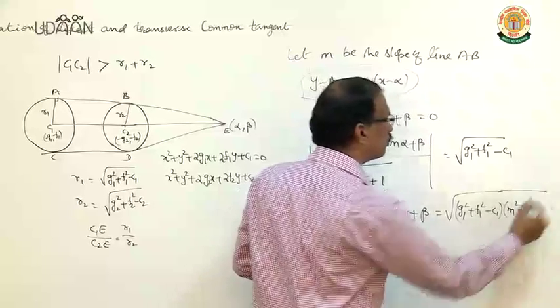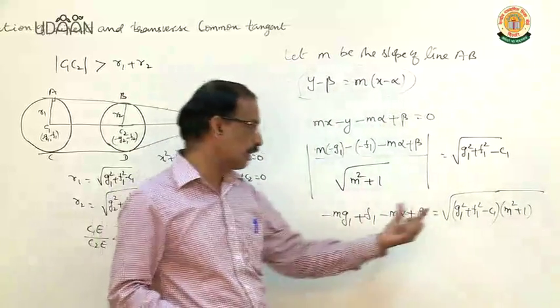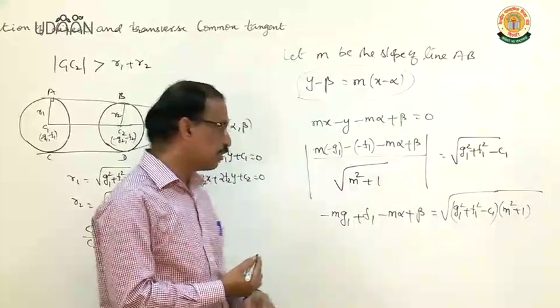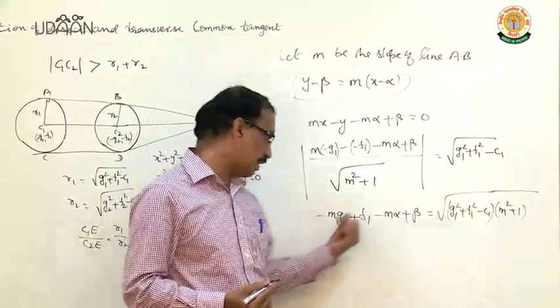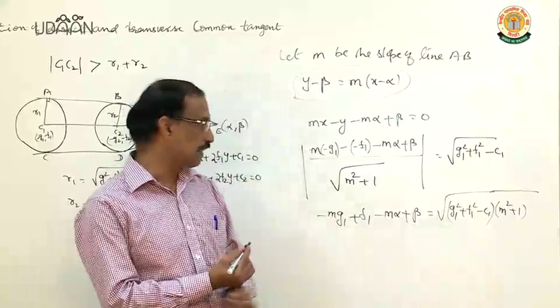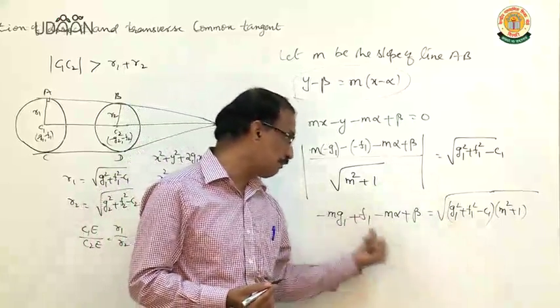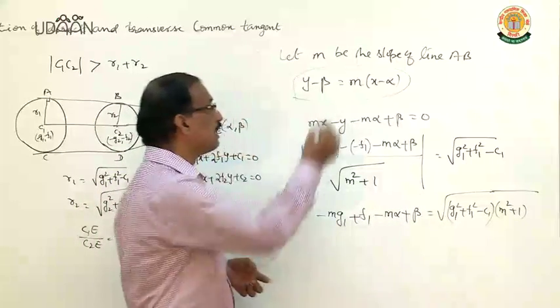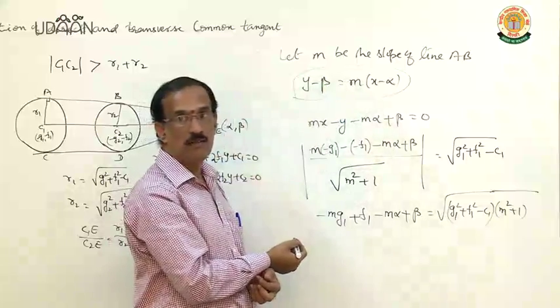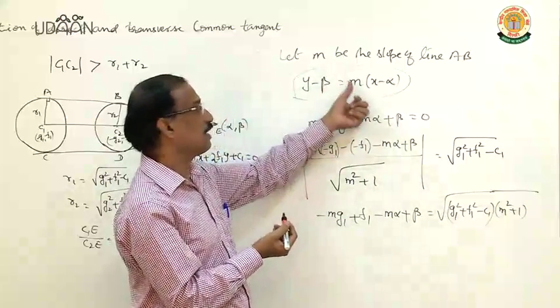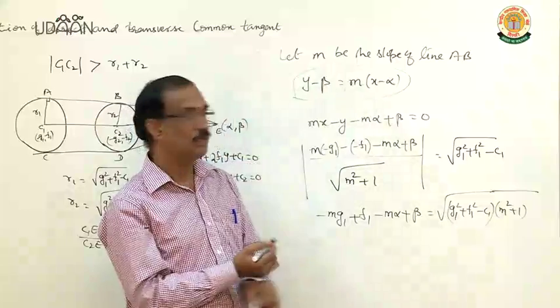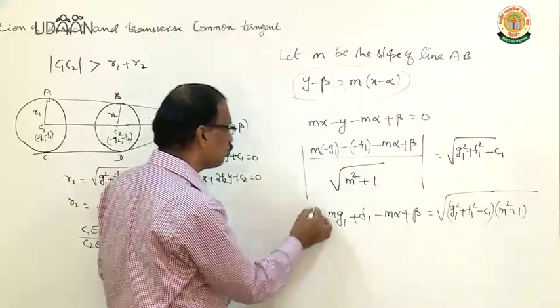This is also under root, so it is a positive value. So, we get this as a quadratic in m. We get the values of m from this and put it in the equation here. We get the required equation of the tangent, that is, the AB equation.